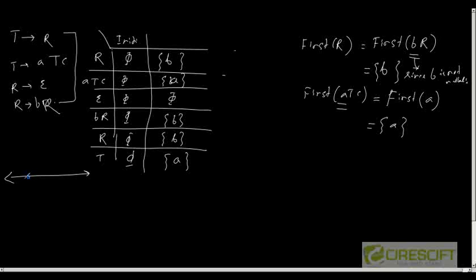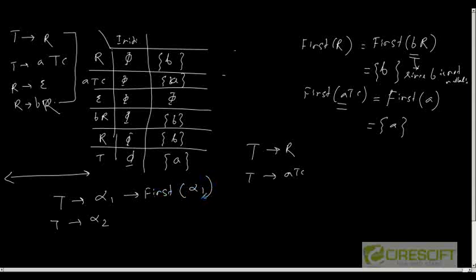Now suppose a given T has two productions, T as R and T as ATC. Suppose T is alpha 1 and T is alpha 2, I have first of alpha 1 as one set, and first of alpha 2 as another set.